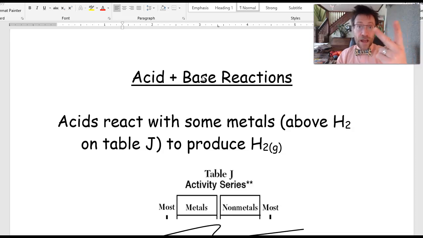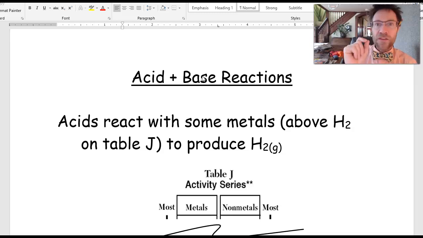You remember there's two ways we go about that. The first is the Arrhenius theory: acids make an H, bases make an OH. And then there's the Bronsted-Lowry: acids donate a hydrogen ion, bases absorb that hydrogen ion. And you remember, Bronsted-Lowry only works with a system at equilibrium, right?